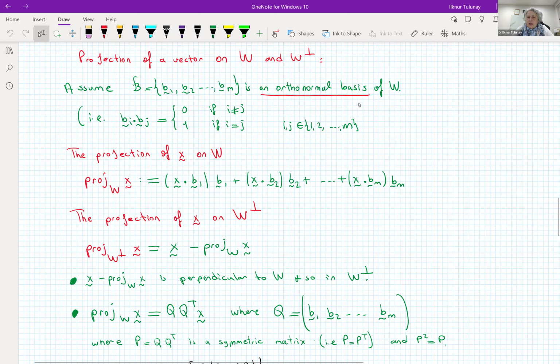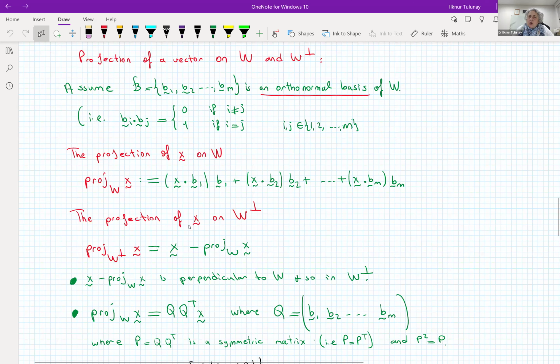We practiced that last week. So this is the formula for the projection of any X on W, and these are the coefficients. You obtain them by taking the dot product of each basis vector with the vector you're working on.